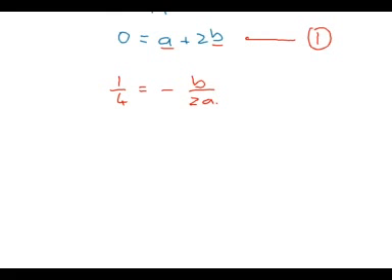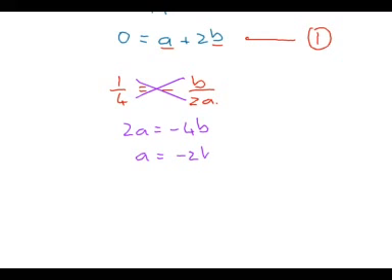Alright, and then to simplify, let's just cross multiply. That will give us 2a is equal to minus 4b. So a is equal to minus 2b. Do you agree with me? Yeah. Which is equation number 2.